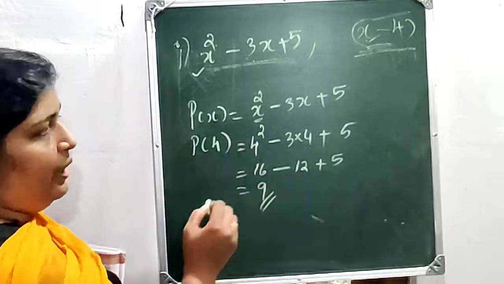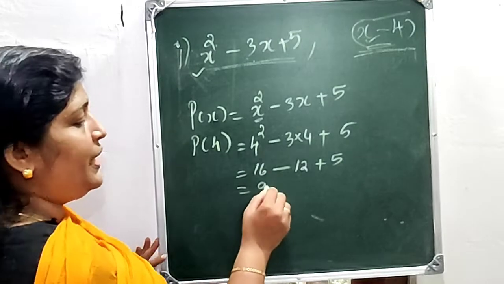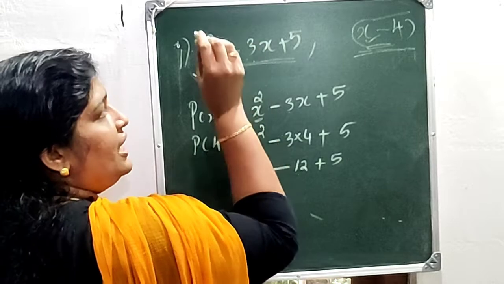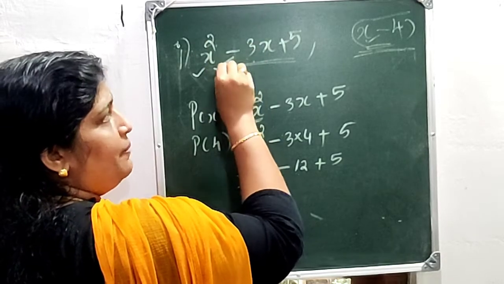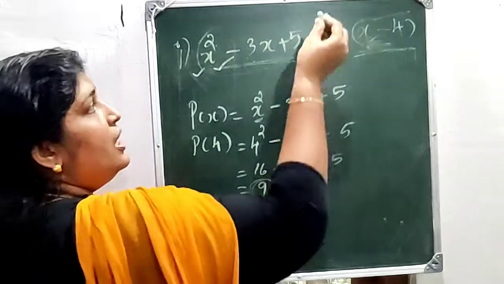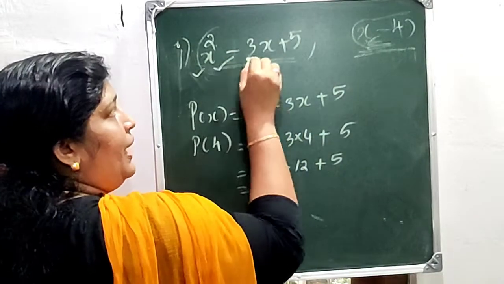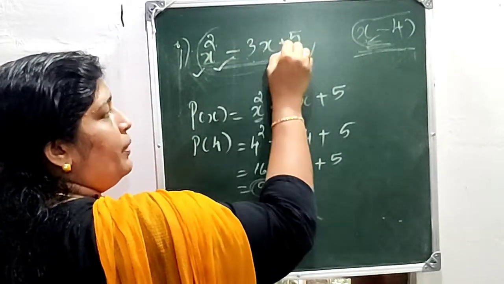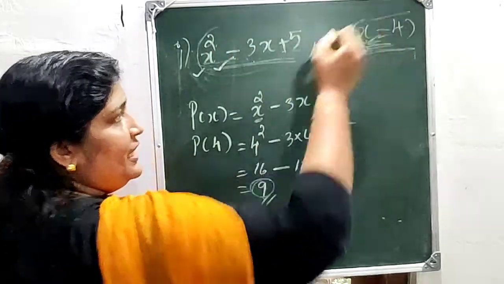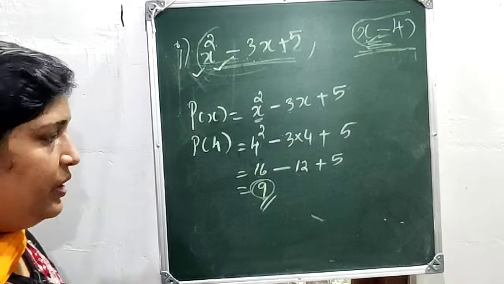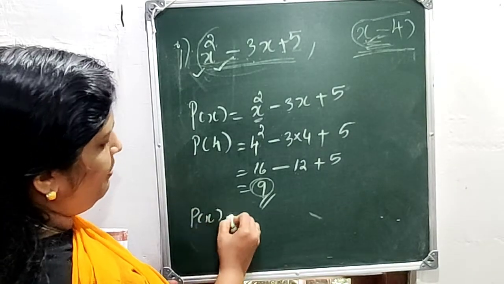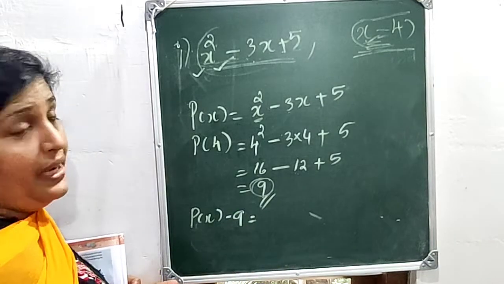Okay, so we got the number. We need to subtract this number 9 from this polynomial, and one factor of that polynomial should be x minus 4. So here I am going to find out p of x minus 9.